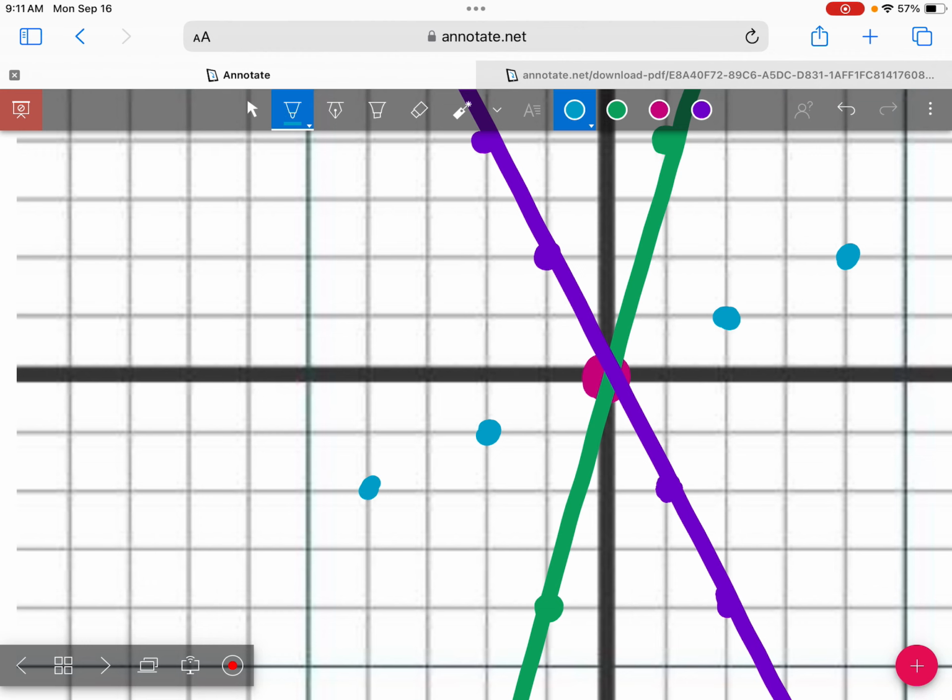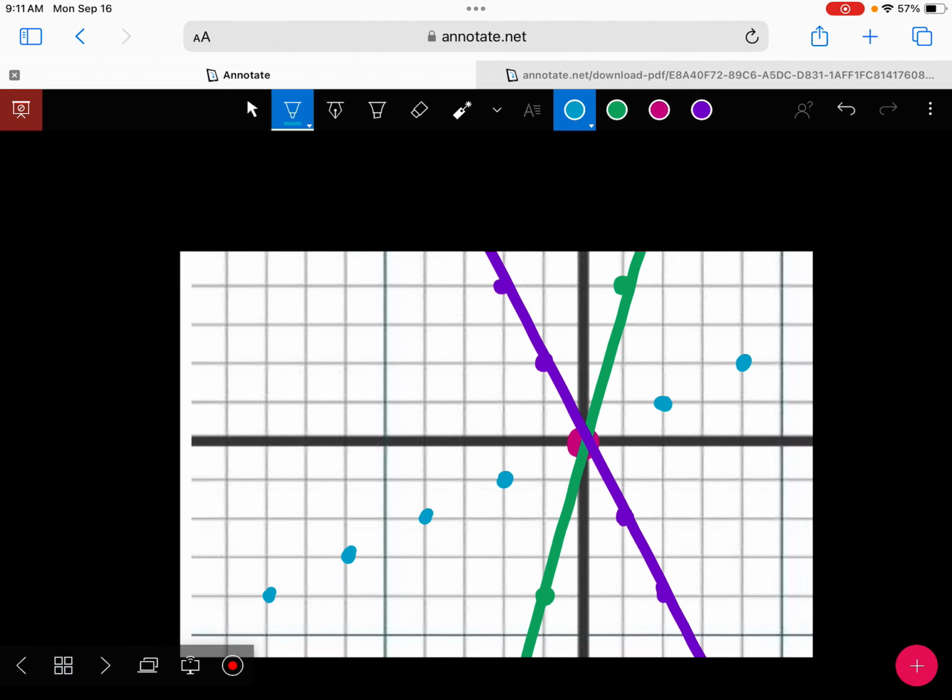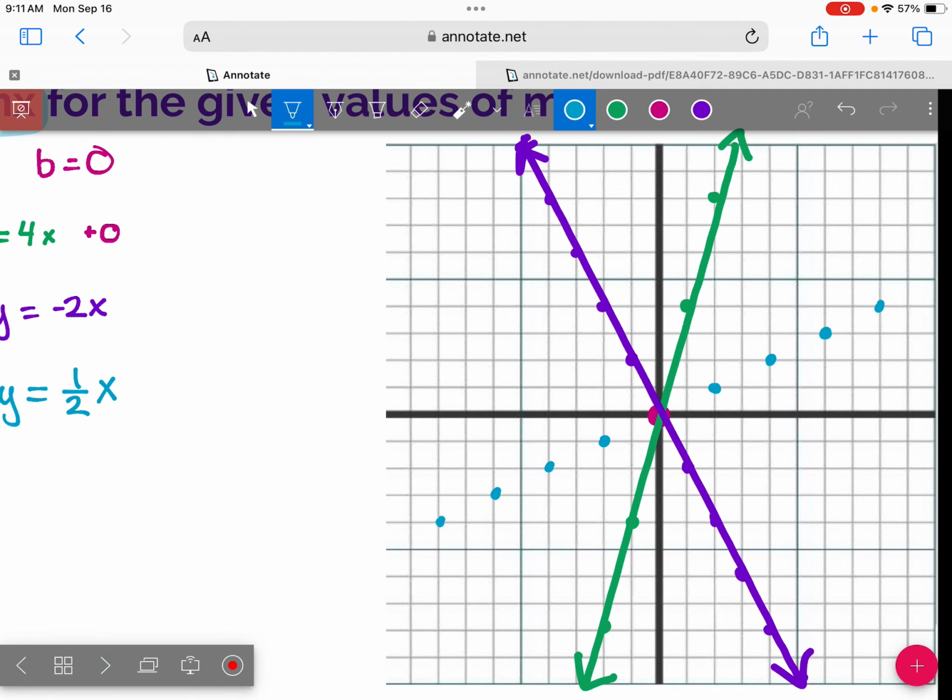This should be familiar. We have graphed from slope-intercept form since like 5th grade, 6th grade. We've started graphing with slope-intercept form way back in the day.